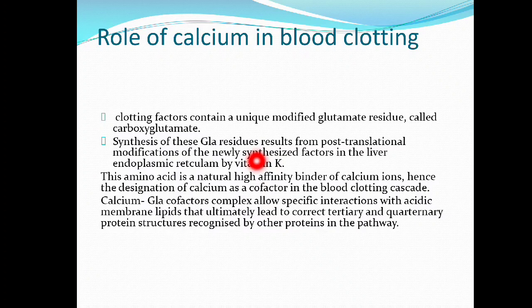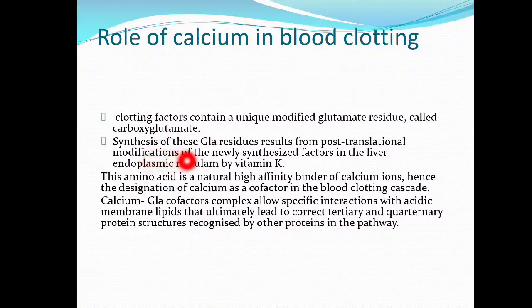Then let us see what is the role of calcium in blood clotting. You can identify these 4 steps in this blood clotting process and the role of calcium in it. Clotting factors contain unique modified glutamate residues, that is Gla, called carboxyglutamate.